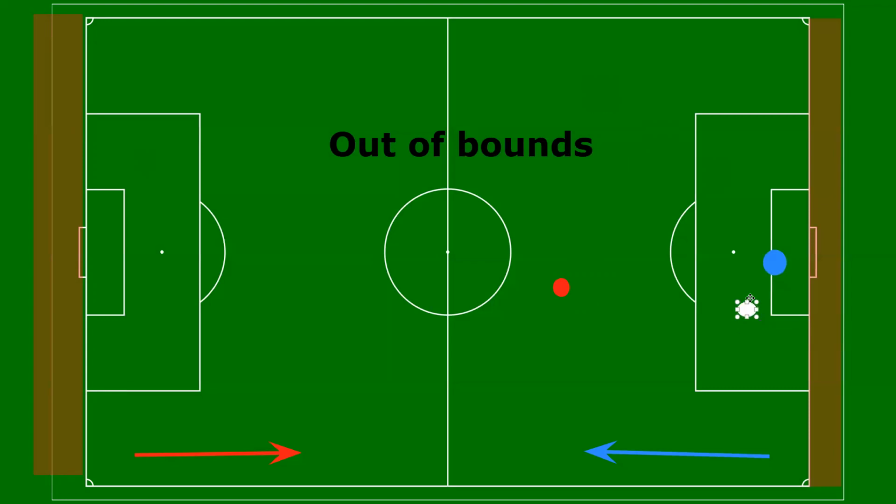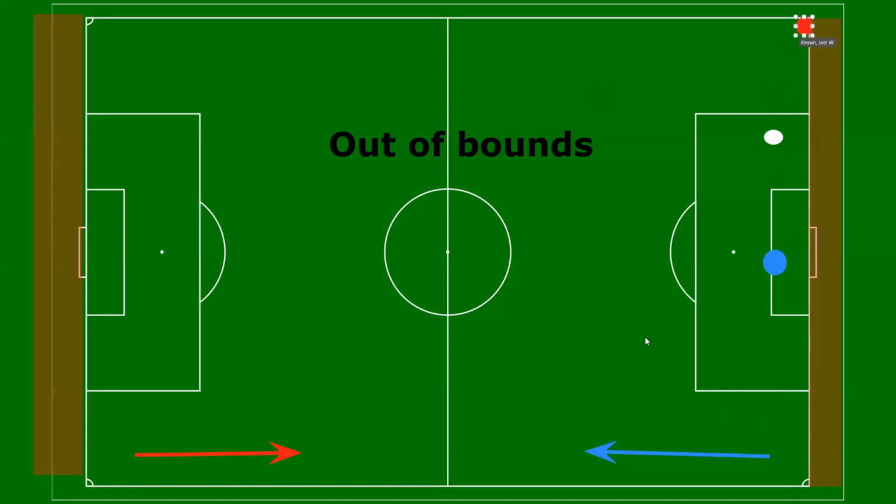However, if blue kicks the ball out of bounds on this line, then red team gets a corner. If the ball goes out of bounds on this side of the goal, then red gets a corner at this corner. If the ball were to go out of bounds over here somewhere, then red would get a corner kick at this corner.